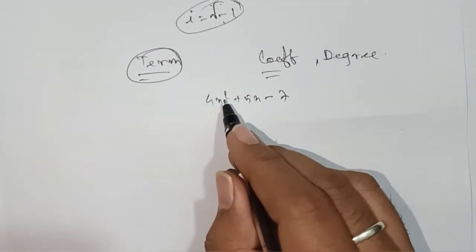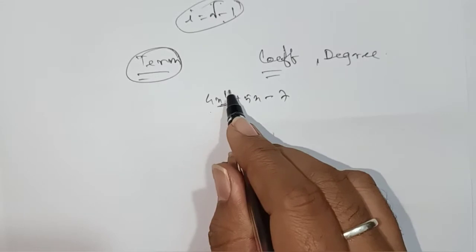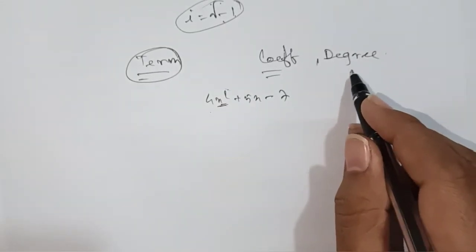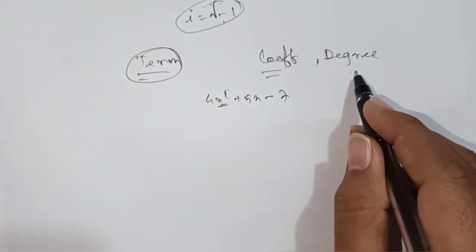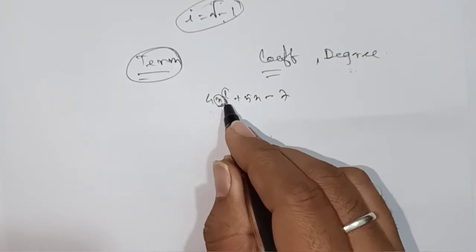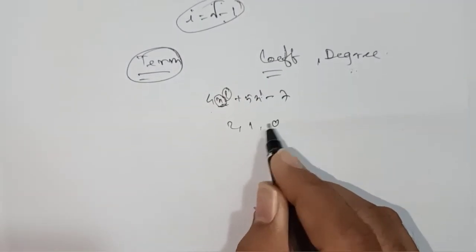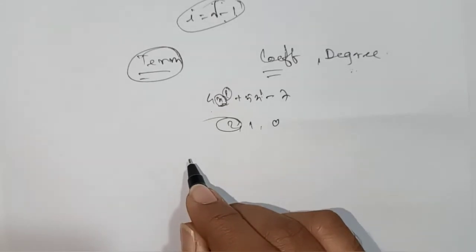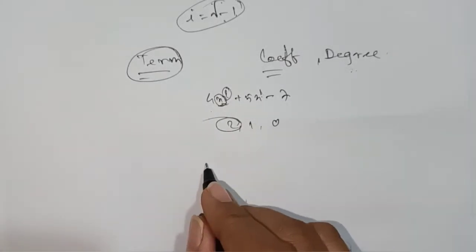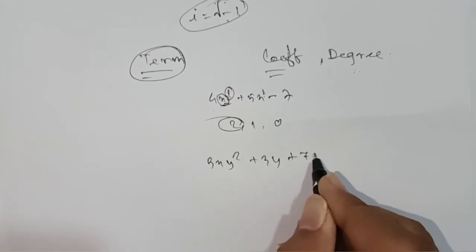Degree means the highest exponent of the variable, and degree should be a non-negative integer, that means a whole number. So here we'll take the variable's highest power: 2, 1, and 0. So which is the highest one here? 2.